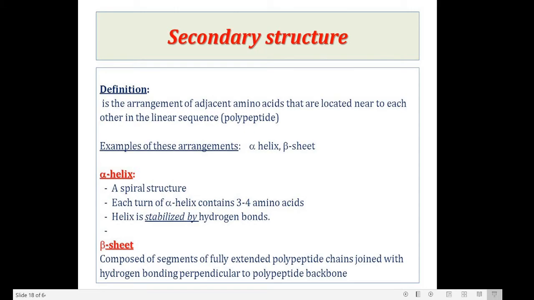Then the beta sheets. These beta sheets make a perpendicular bonding to the polypeptide backbone. If you search for protein structures, you can see the beta sheets are always in a straight manner, perpendicular to the polypeptide backbone.